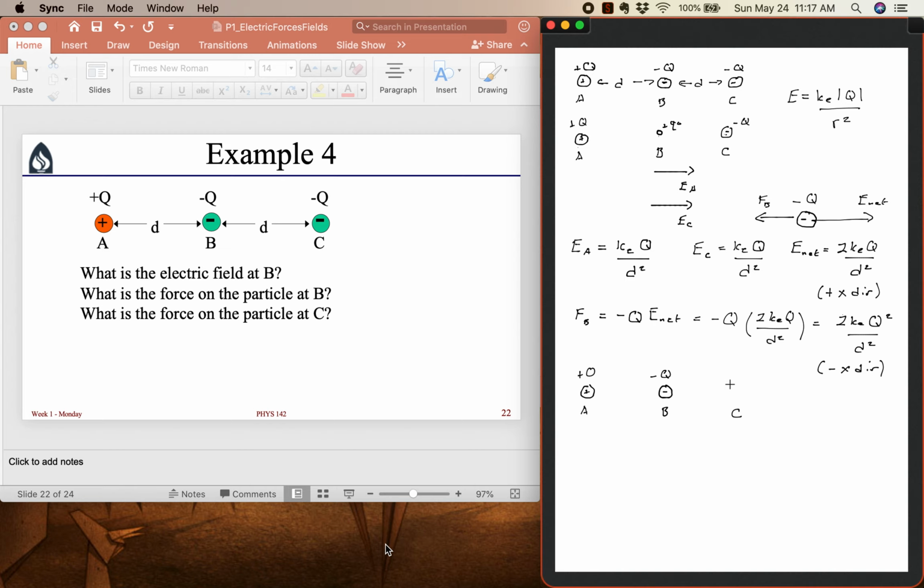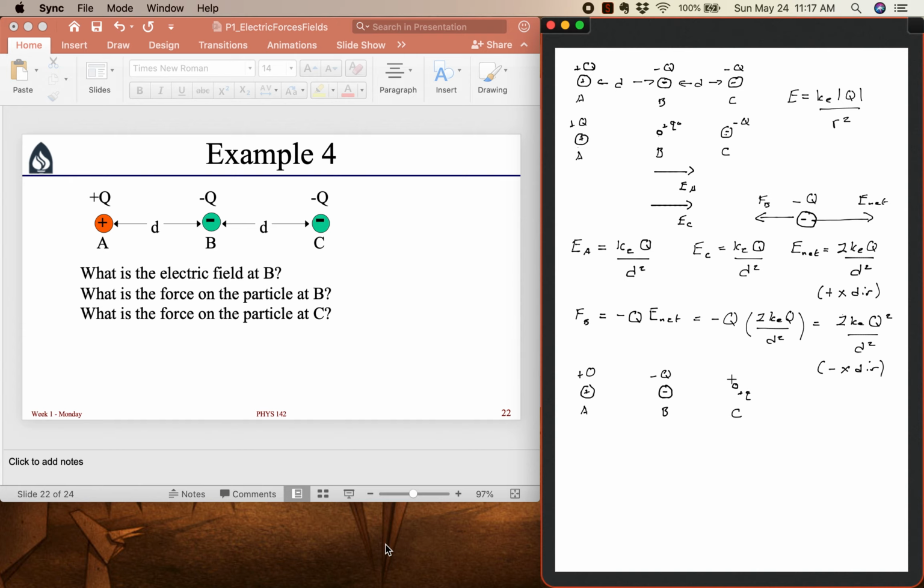To find the direction of the electric field acting at point C, I put in a small positive test charge at that location. So these other two charges, charge A and charge B, are each creating electric field at location C. And I need to find the magnitude and the direction of those electric fields.